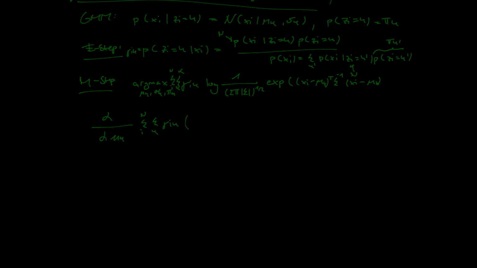So we have log of 1 over 2 pi determinant, and then plus logarithm of an expectation. I saw here I forgot to multiply with this mixture distribution. So we have log of expectation, which is just the part of the expectation, right?